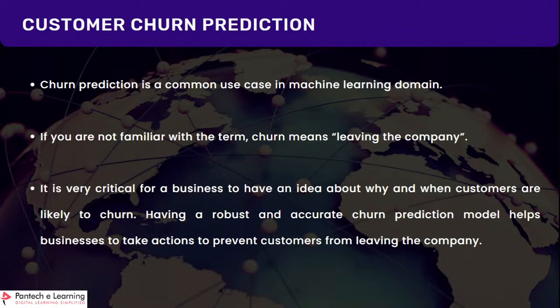It is very critical for a business to have an idea about why and when customers are likely to churn, or leave their company, so that they can improve their process so that most customers do not churn or leave their company, right?